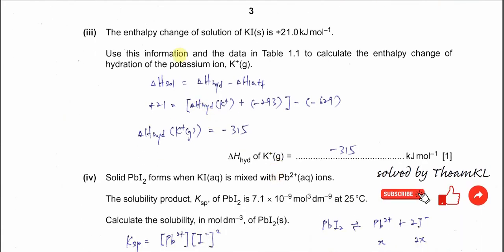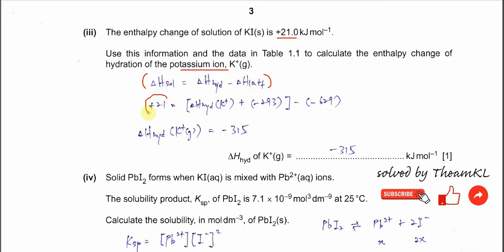Part 3. The enthalpy change of solution of KI is positive 221 kilojoules per mole. Use this information and the data in table 1.1 to calculate the enthalpy change of hydration for the potassium ion. Again, you need to use this equation: the enthalpy change of solution equals the enthalpy change of hydration minus the lattice energy.